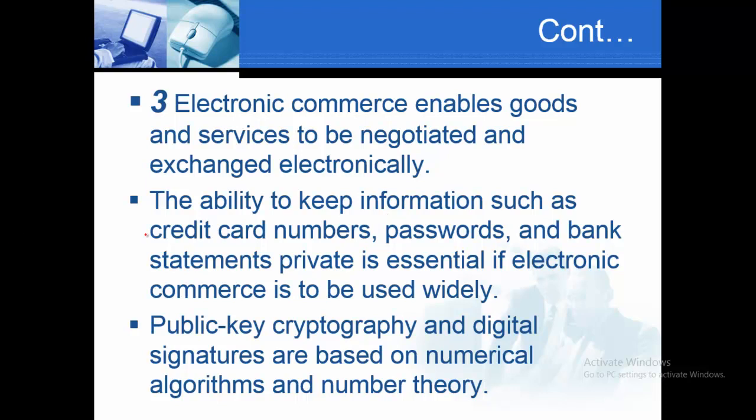These algorithms keep information such as credit card numbers, passwords, and bank statements private, which is essential if electronic commerce is to be used widely. People did not believe in this before such algorithms, and now everything is online, the businesses or trades are online. It's because of clever algorithms.